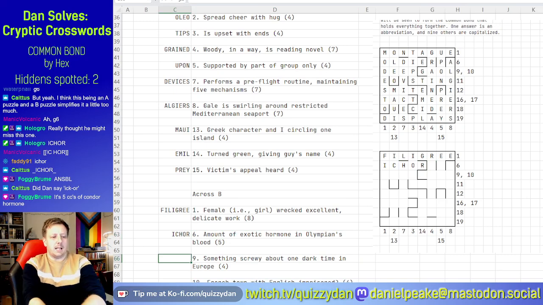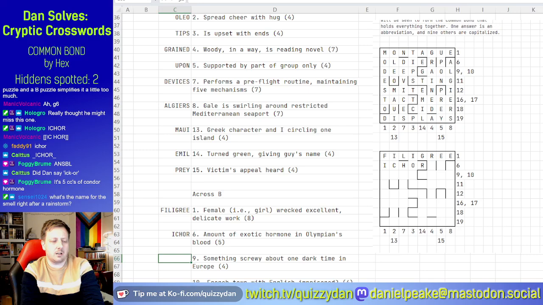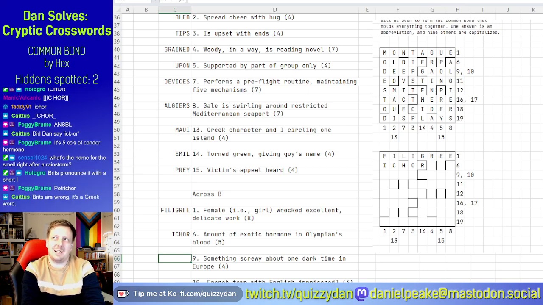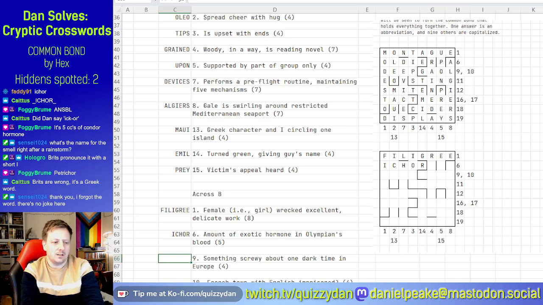Something screwy about one dark time in Europe. Winter. Now, one answer is an abbreviation. Is it going to be this one? The time in Europe, is it going to be GMT or something like that? Oh, I don't know. What is it? EST for European Standard Time?